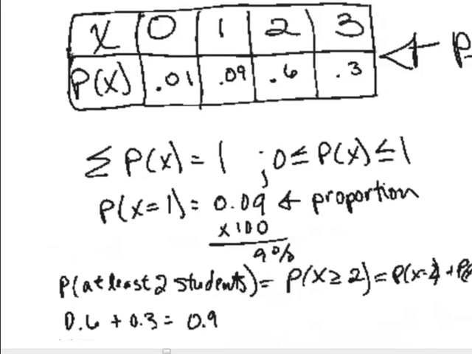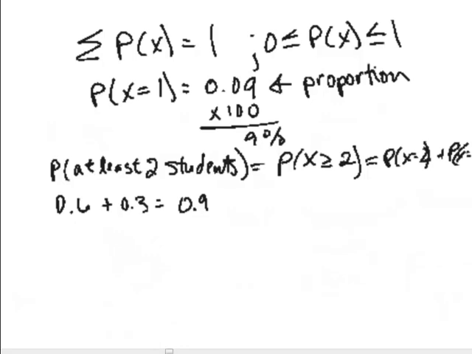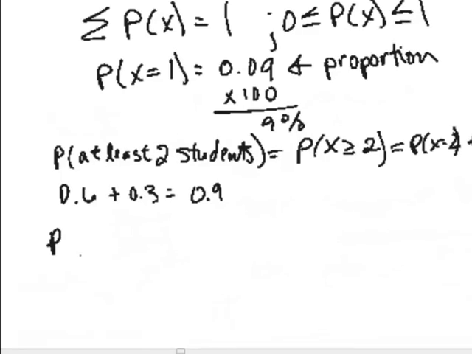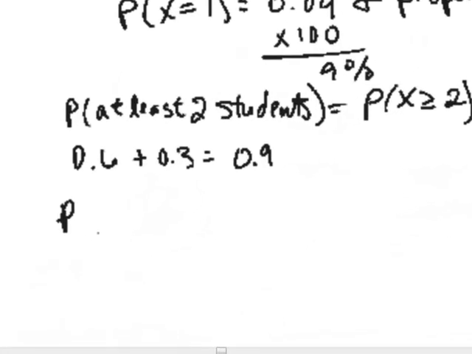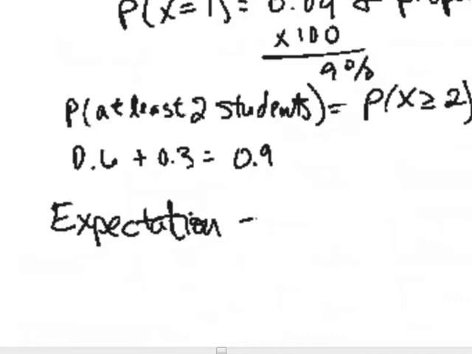Now you might be asked to find the expectation or the mean of these guys. So the expectation has the formula of the summation of x p of x.